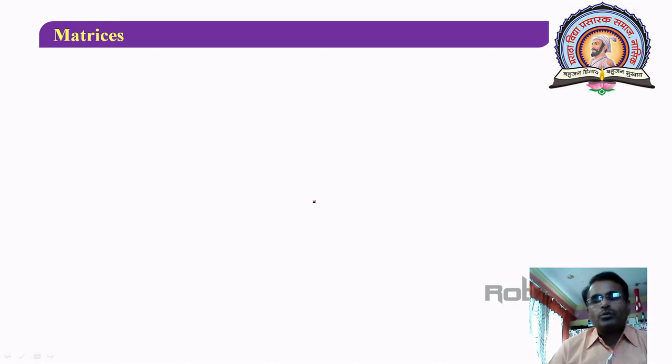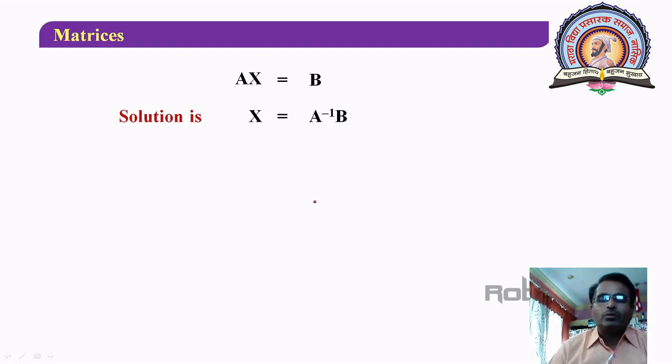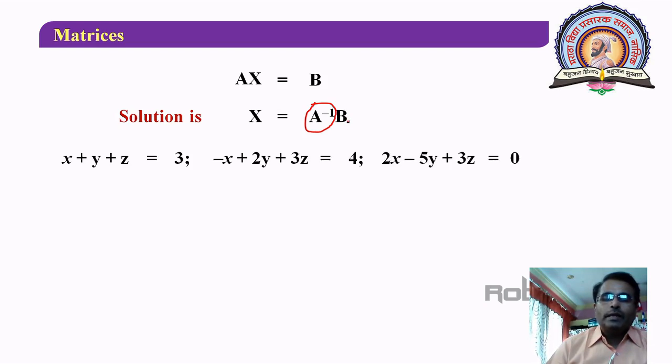Now to find a solution of this, we know that if the system is Ax equal to B, then by the inversion method its solution is given by X is equal to A inverse into B. Therefore, our job is to find A inverse first, and then pre-multiply it to the matrix B. Here the matrix A is the matrix of left hand side coefficients 1 1 1, minus 1 2 3 and 2 minus 5 3.